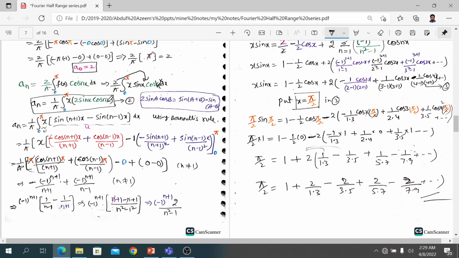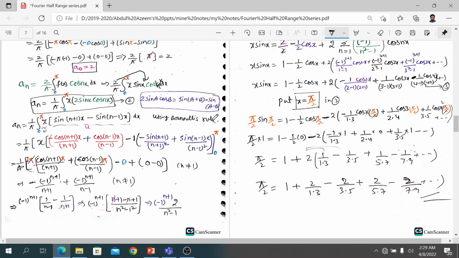Okay, since we know the formula 2 sin a cos b equals sin of the sum minus sin of the difference, it becomes the integral of x times sin((n+1)x) minus sin((n−1)x) dx. Now this is u, this is v.